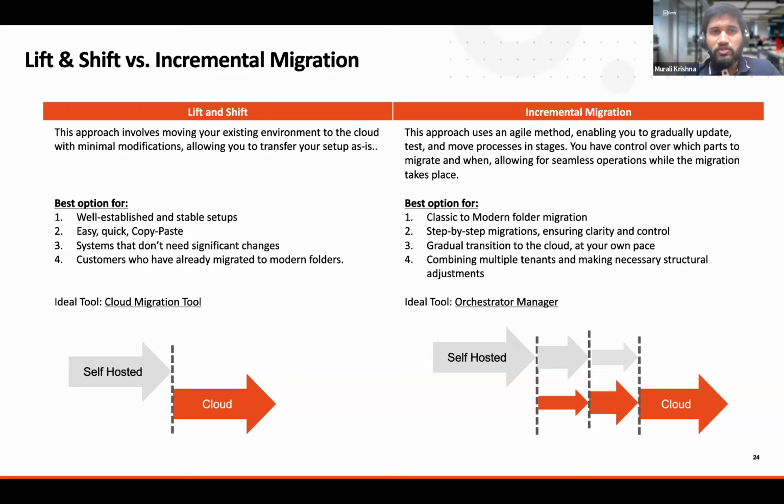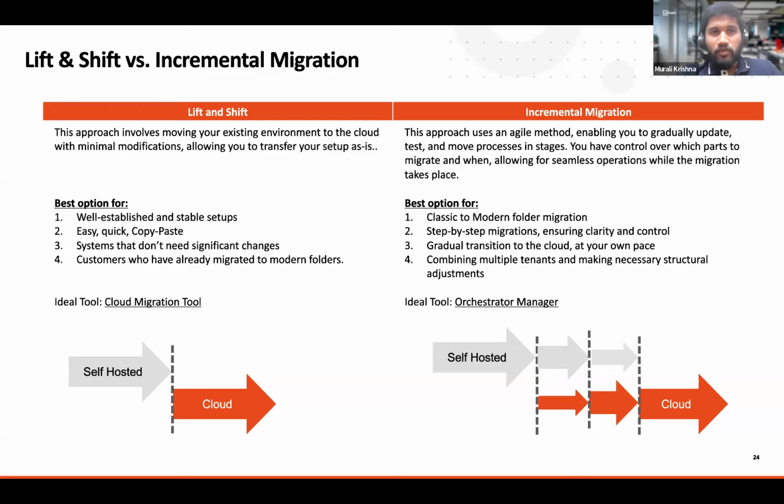This approach involves moving one existing environment with minimal modifications. In the on-premises environment, we don't do any changes while doing the migration or before the migration. It will only pull the data at a time and push the data at a time. In between the transfer, we don't change any data, which is nothing but lifting the data and shifting the data to the automation cloud.